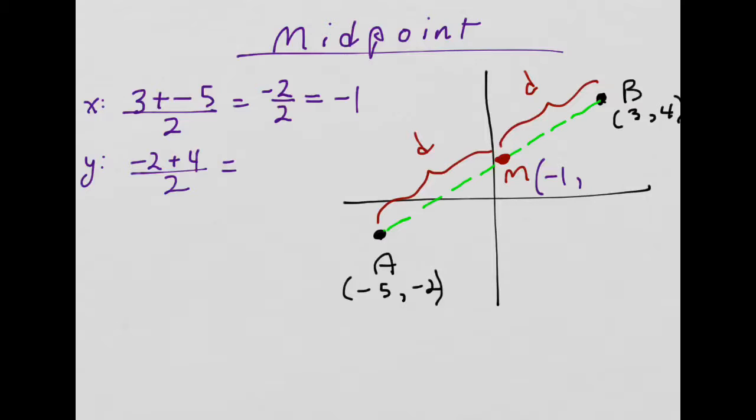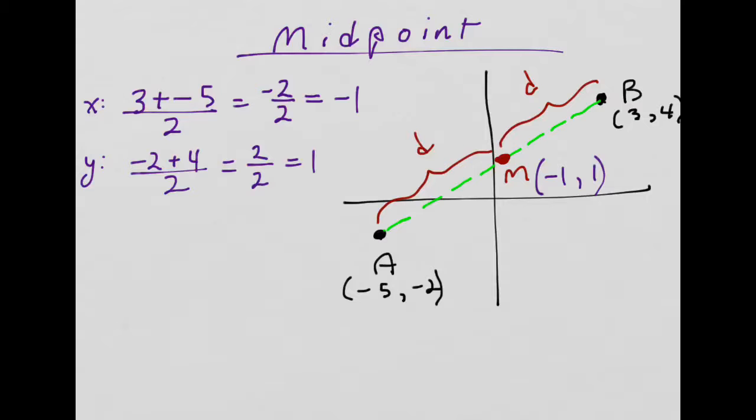So that's -2 plus 4 is 2, divided by 2, so that's 1. So my y-coordinate is 1. So that's my midpoint between A and B, and I did that by just thinking about those as averages.